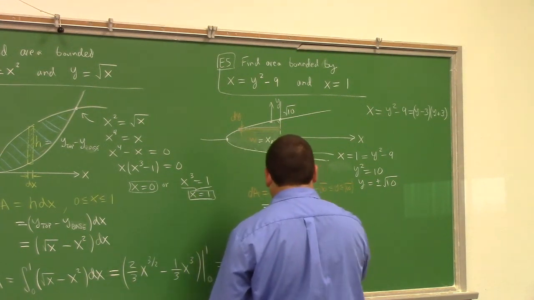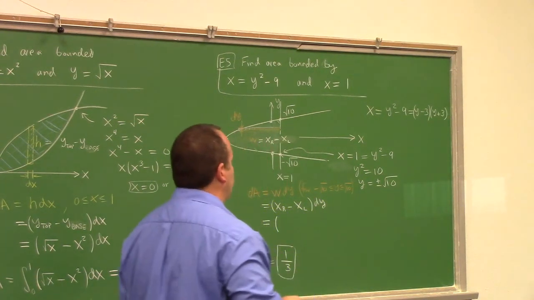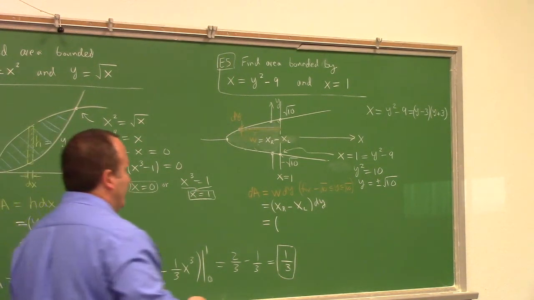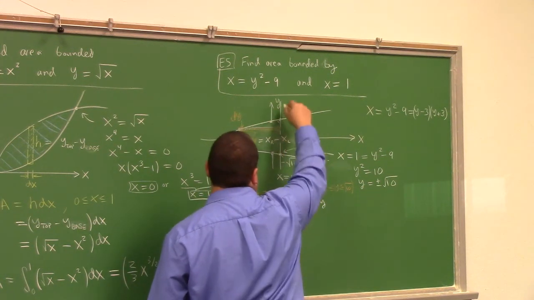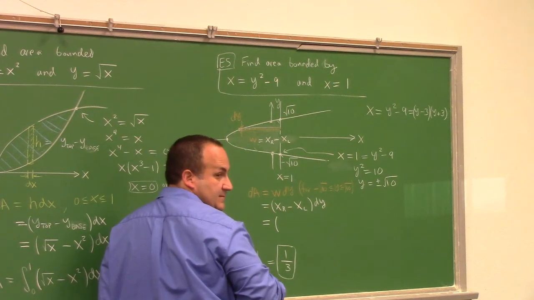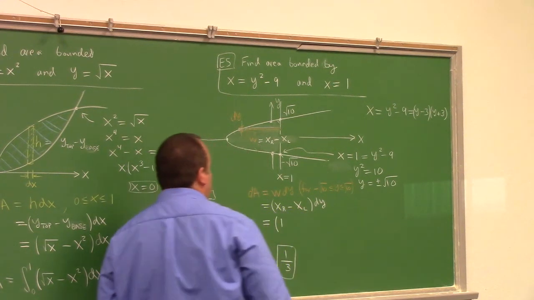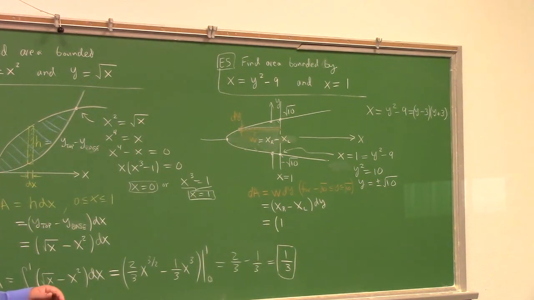And what's the formula for the right x? The right x is very boring. That's this one, right? So the right x is just 1. See it? What's the left x? Well, the left x is the parabola. So the left x is given by y squared minus 9.